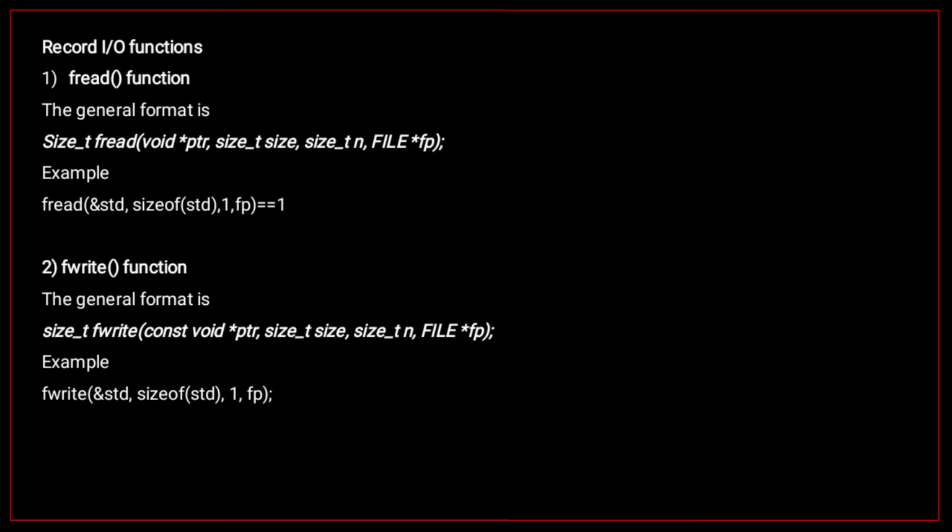Size denotes the length of each atom in bytes. n is the number of atoms to be written to the file, and fp is a file pointer which points to the file to which the data is written. Now see the example to use fwrite function.